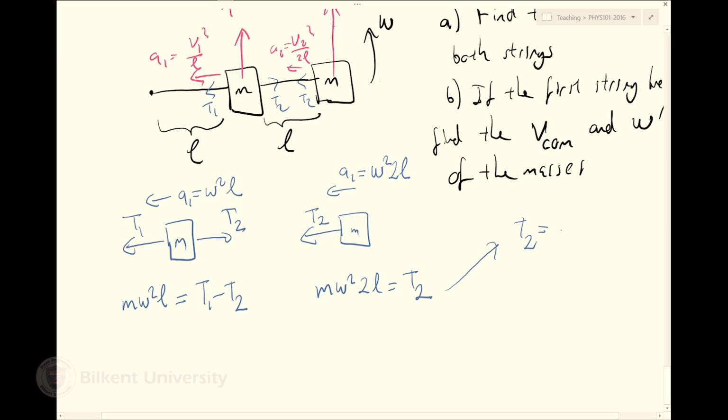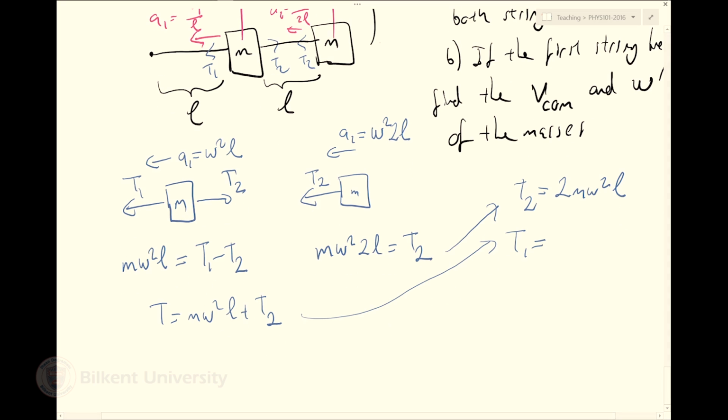Apparently T2 is 2m omega squared L. And for T1 I can solve it as m omega squared L plus T2. So T1 is 3m omega squared L. Is that correct? Seems so. Okay?